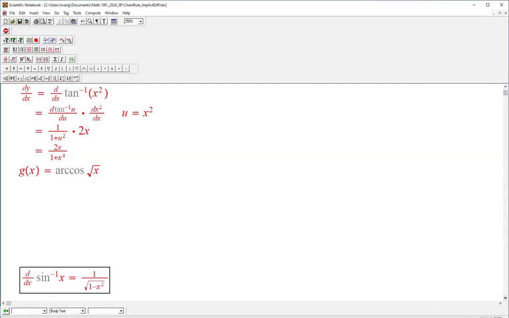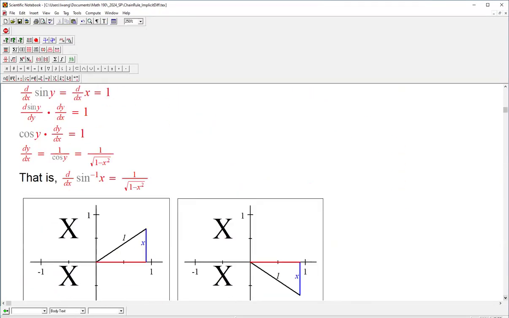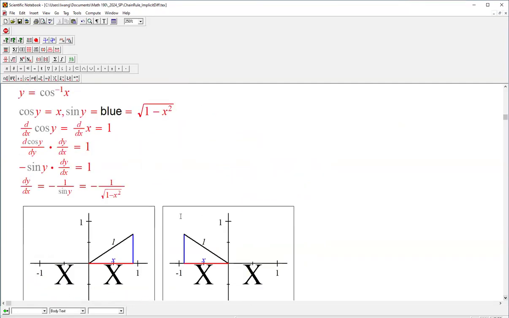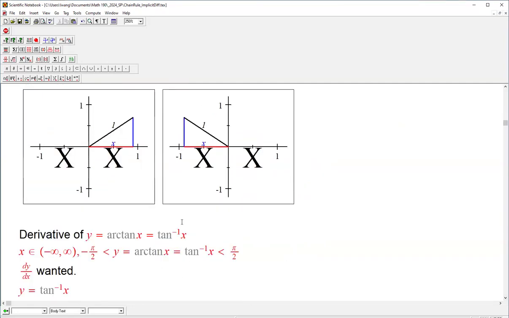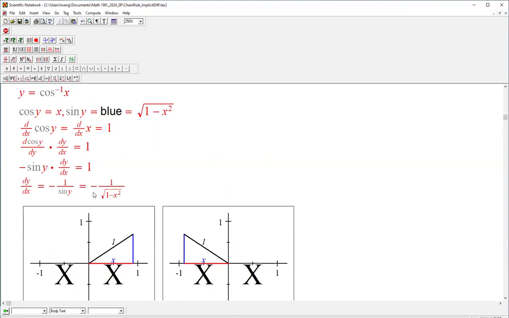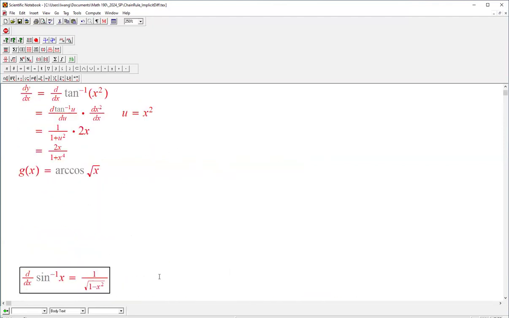But I'm going to just bring them over, and arc cosine is negative. That's going to be arc cosine.